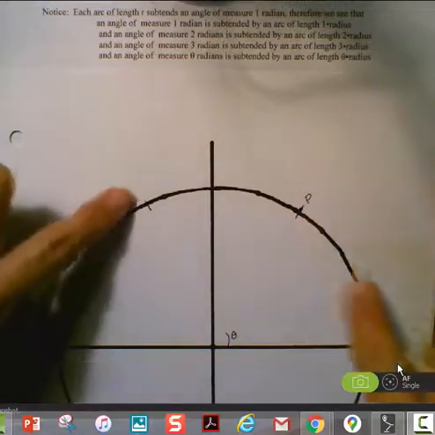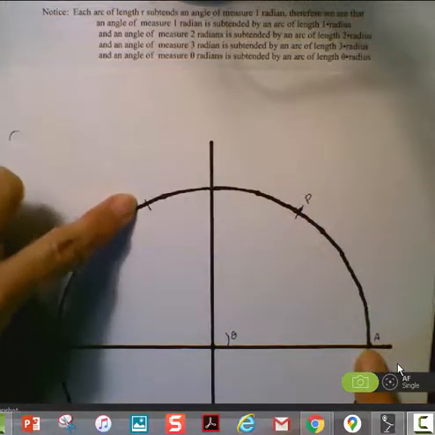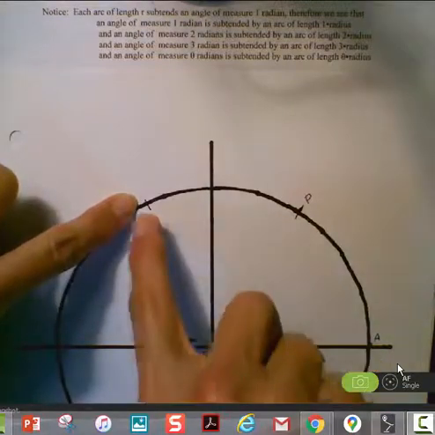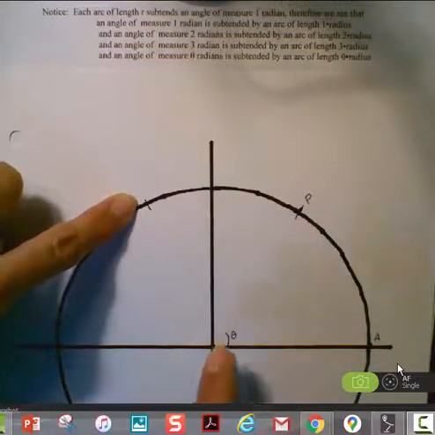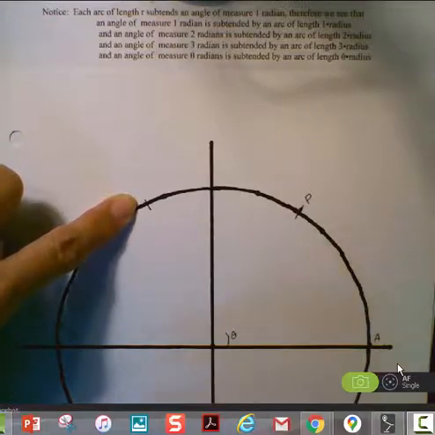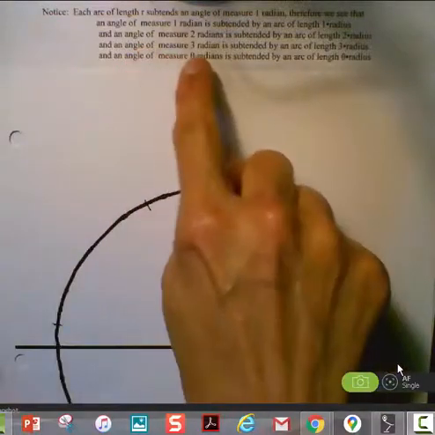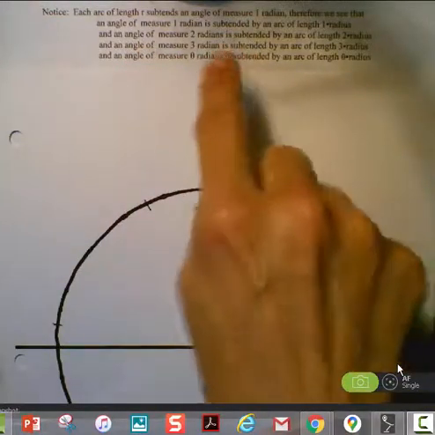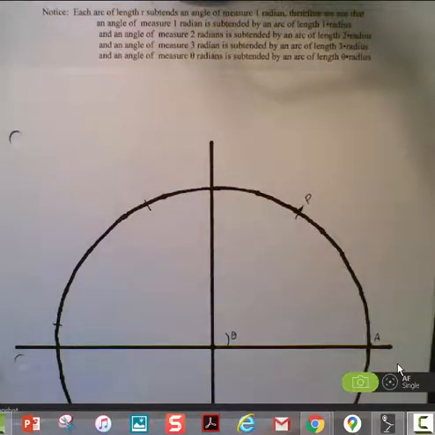And if we had an arc of length 2 radii, then it would subtend an angle of 2 radians. And if we had an angle of 3 radians, it would subtend an arc of 3 times the radius.